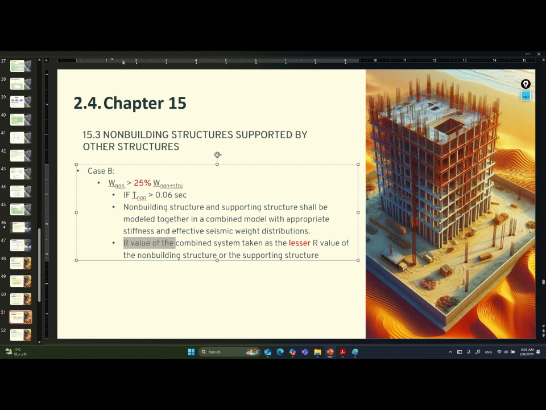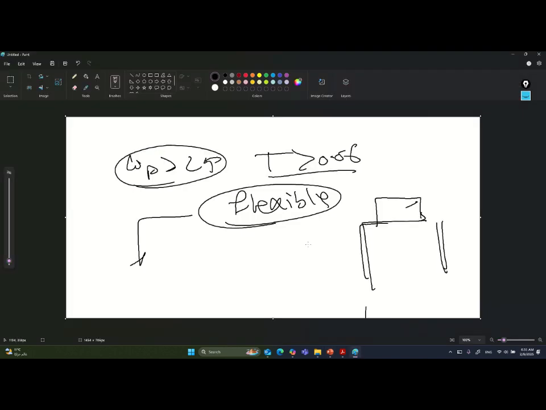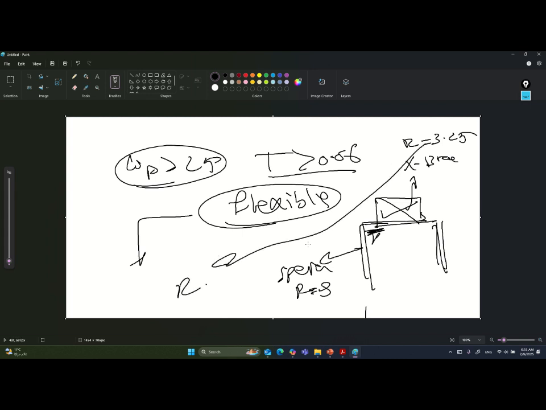The R value is the most important one: the lesser R value of the non-building structure or the supporting structures. So if I have an express, the R will equal 3.25, even though I am using a special moment frame here where R is equal to 8, so I will use R equal to 3.5.